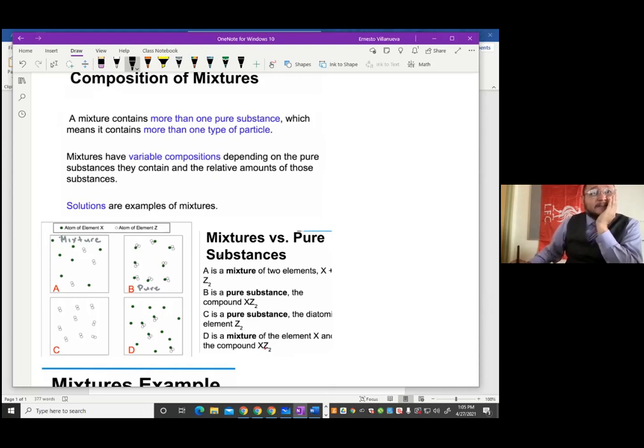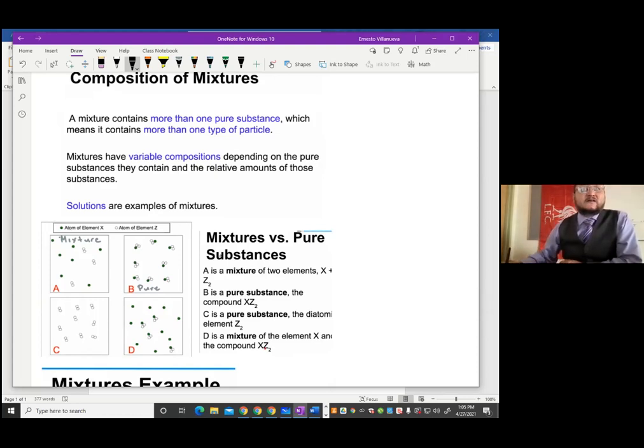Example B would be a pure substance, because even though they're more complex and made up of different individual atoms, all the molecules in the sample are identical. By definition, these are going to be a pure substance. C is also going to be a pure substance because these are all the same. And then D, of course, is going to be a mixture.